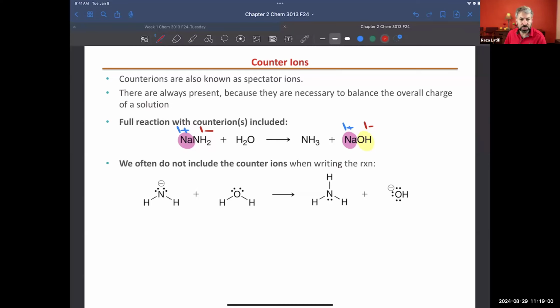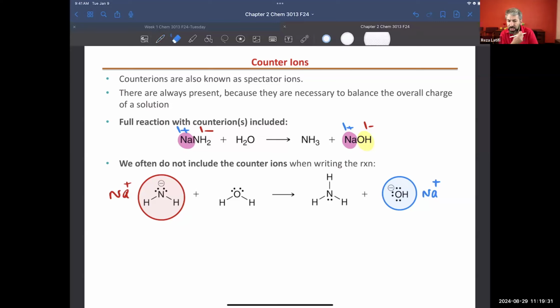So the role of the counter ion is to balance the charge. We cannot have any compound with a net positive or negative charge. Anything in nature must be neutral. So around OH, we have a sodium to cancel the negative charge of OH.